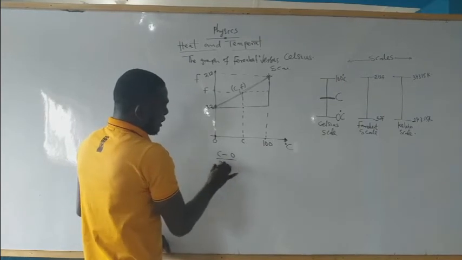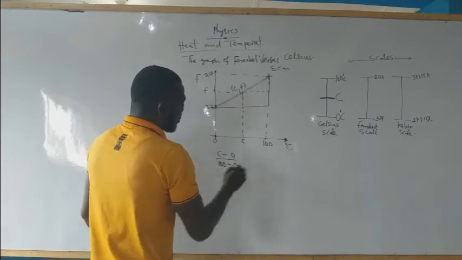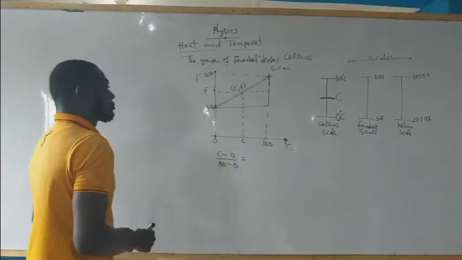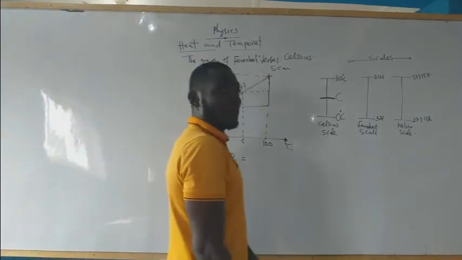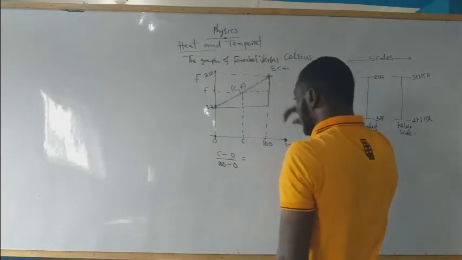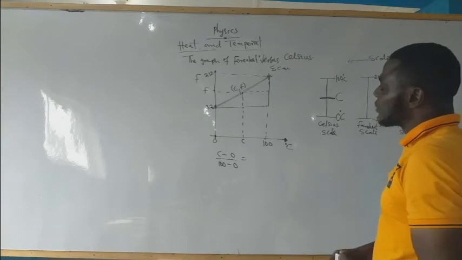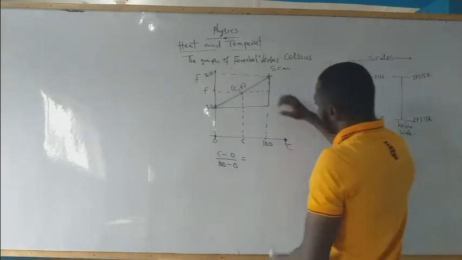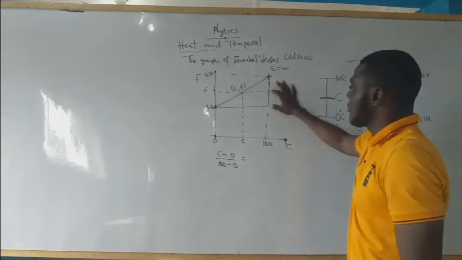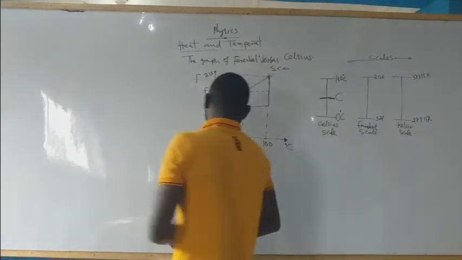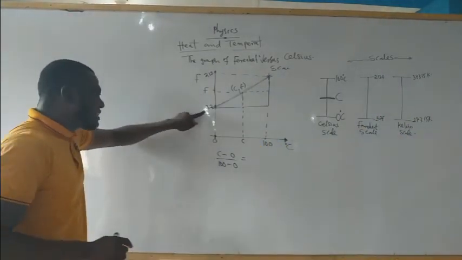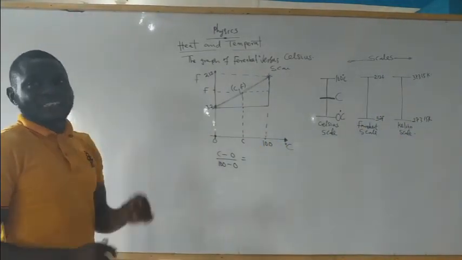Perpendicular by perpendicular. That's F minus 32, because F is greater than 32.